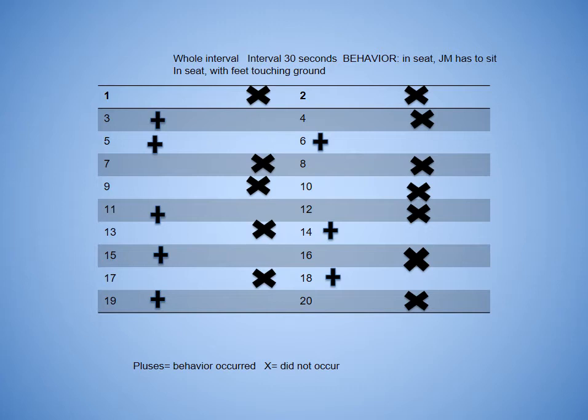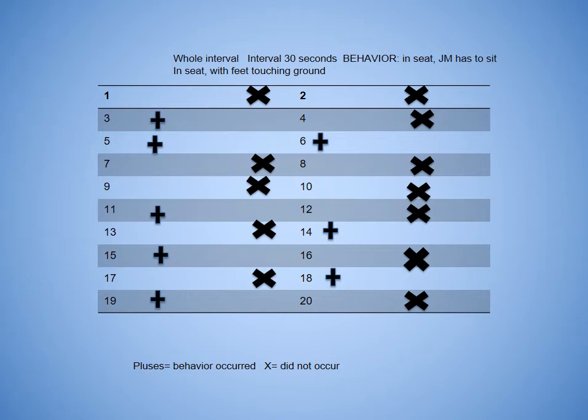So, in interval 1, for all 30 seconds, the whole interval, he was not in seat. Same for interval 2. But interval 3, you see I put that plus. And so remember, that's a strategy I use to mark intervals that are already over with the X. If you do that, make sure that the mark you use for an interval where the actual behavior occurred looks different.